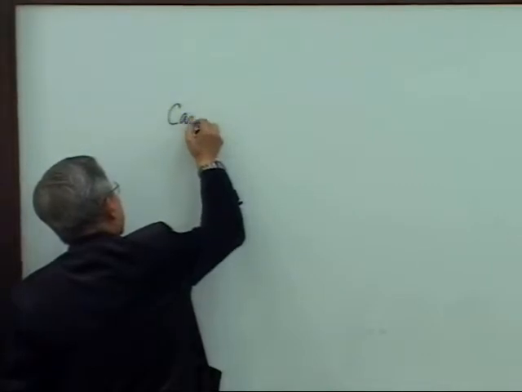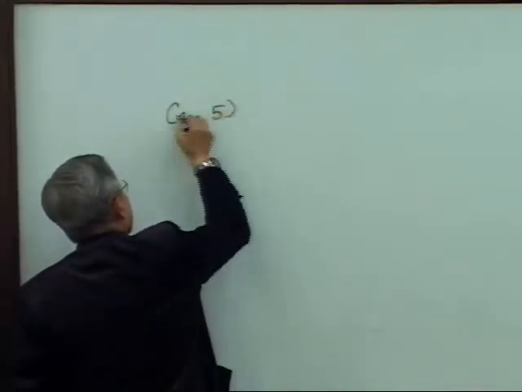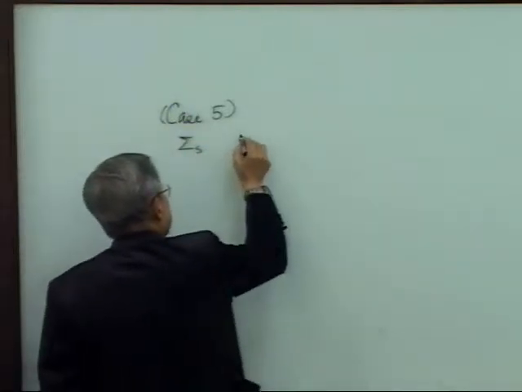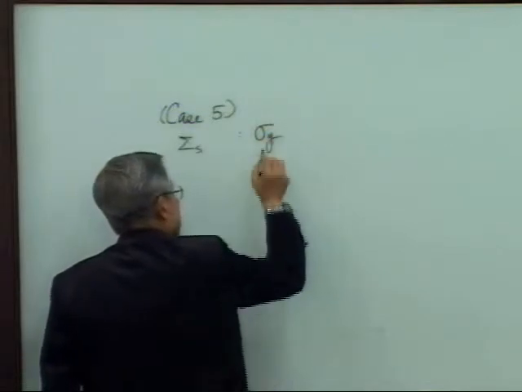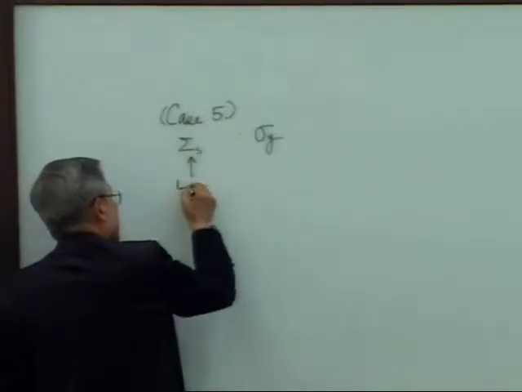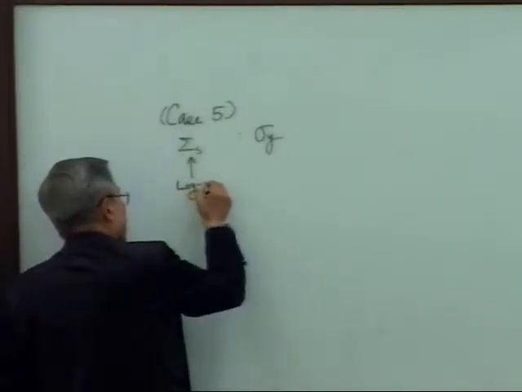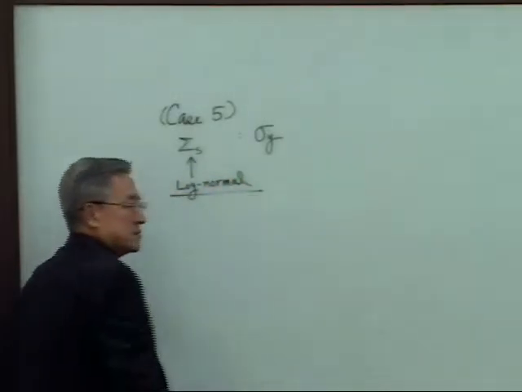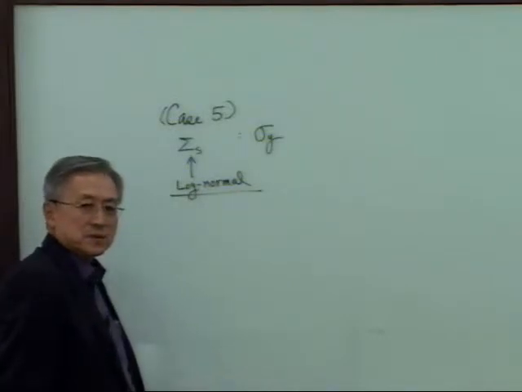Okay. Now a log normal distribution. Case 5. Sigma S is random. Sigma Y is deterministic. This model is a log normal. Very close to the normal distribution.